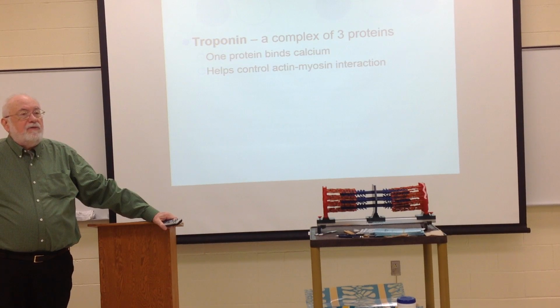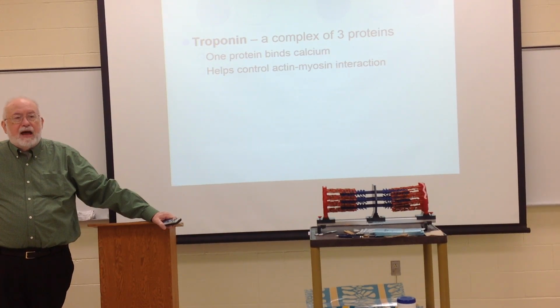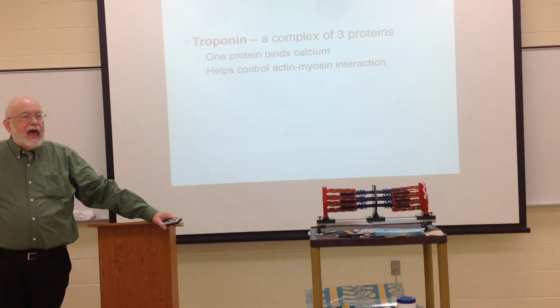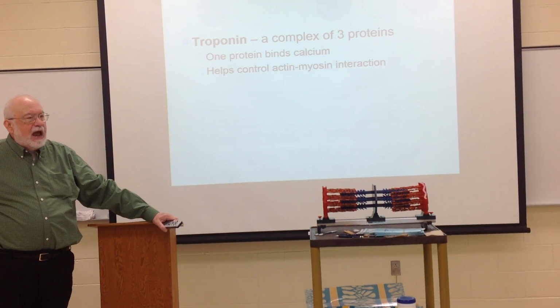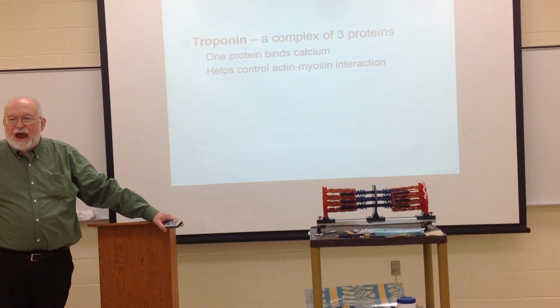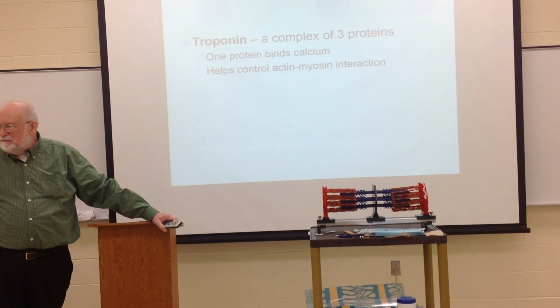The troponin then pulls the tropomyosin off of the myosin binding sites on actin and exposes them. And now myosin heads can bind. And that will cause contraction of the sarcomere, and thus contraction of the myofibril, and thus contraction of the muscle.